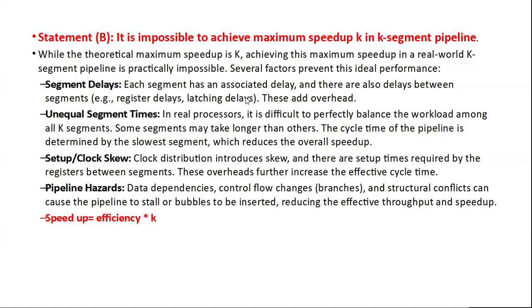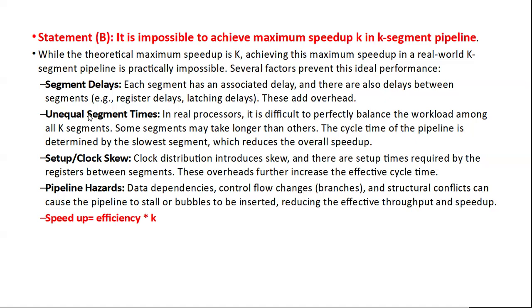Actually, speedup means efficiency times K. This efficiency should always reach 1. If efficiency is 1, then only can we get the speedup K. But this efficiency is affected by several factors that prevent ideal performance of the processor. Which are they?